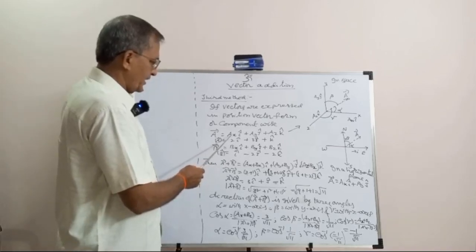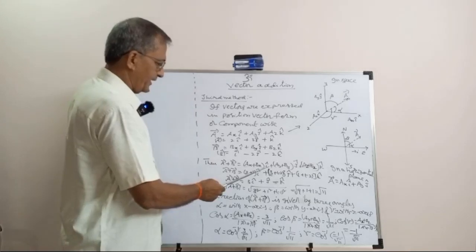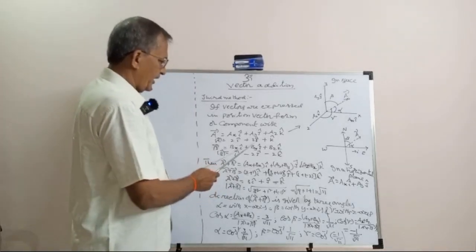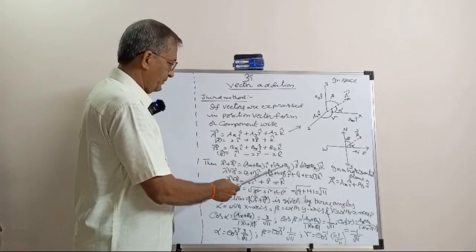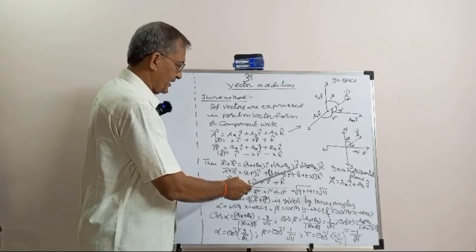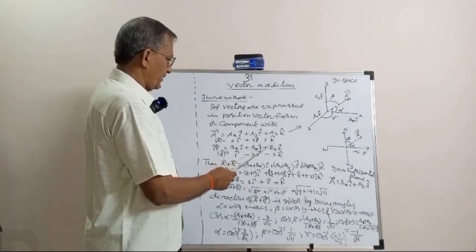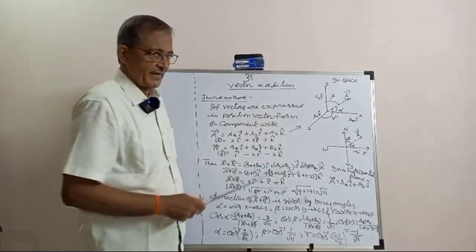The x component of A, Ax, and the x component of B, Bx, into i cap. Similarly, the y component of A and the y component of B, that is Ay plus By, multiplied with j cap, and the third component Az plus Bz multiplied with k cap. This is along the z axis.